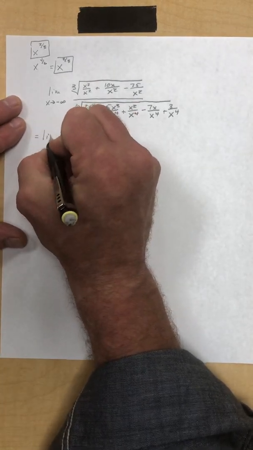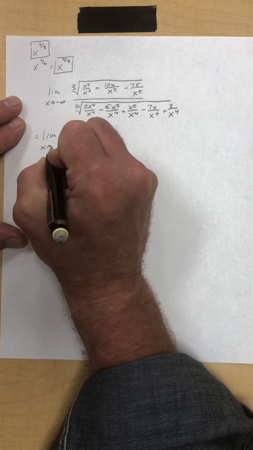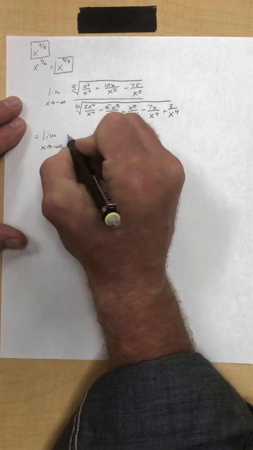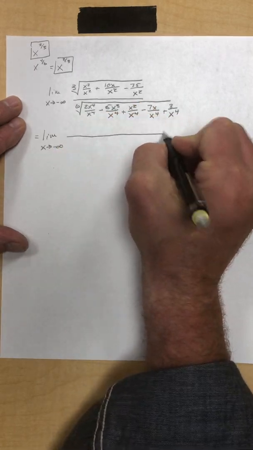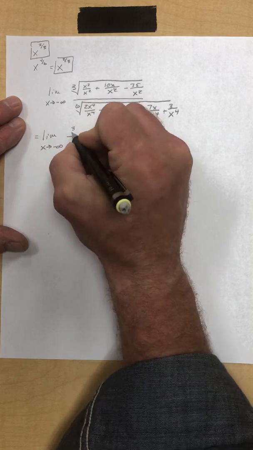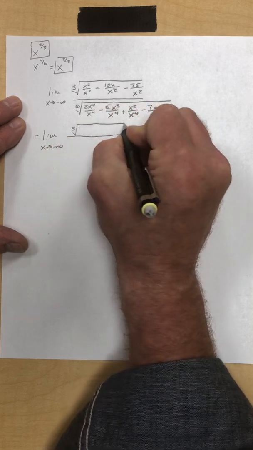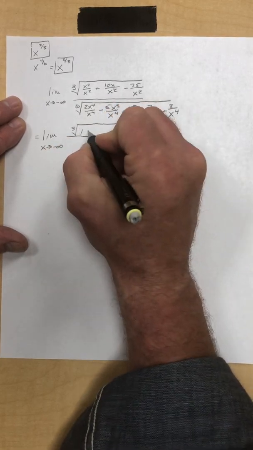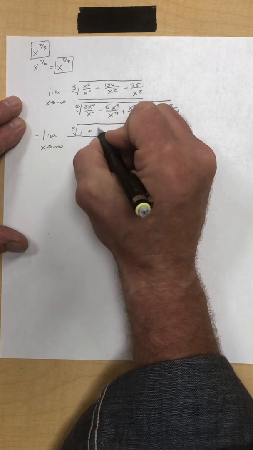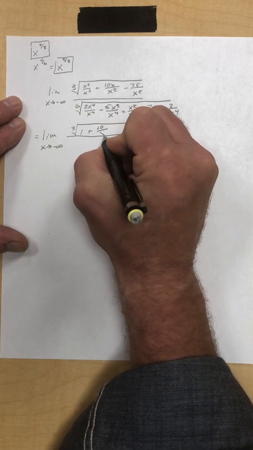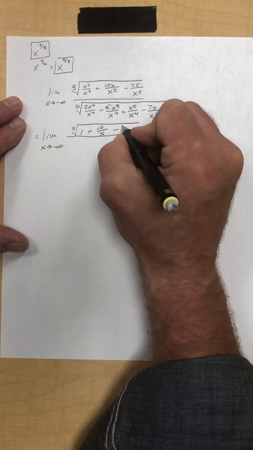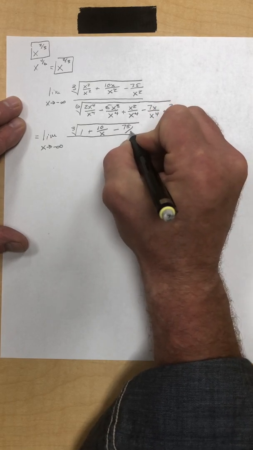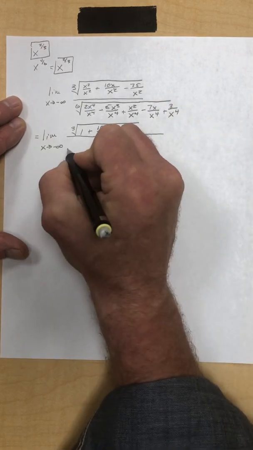So I have the limit as x goes to negative infinity. Up above, when I simplify, I'm going to get the cubed root of 1 plus 10 over x minus 75 over x squared.